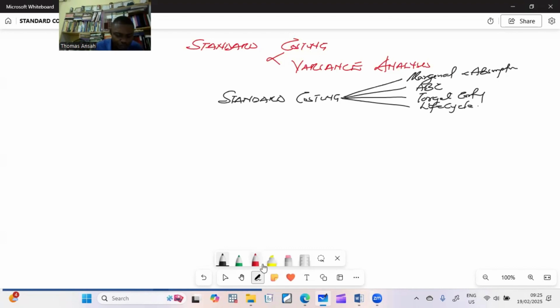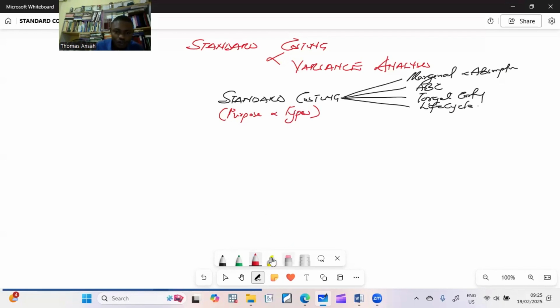So from here, we are going to learn the purpose and the types. When I start in there, I'll tell you about some types: ideal standards, attainable standards, basic standards, and all those things. I will go in there to show you how this looks.